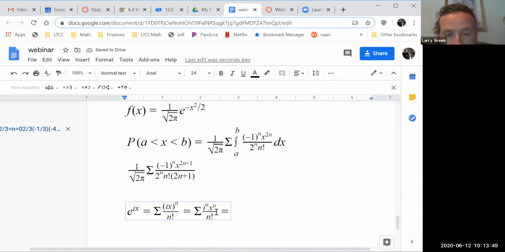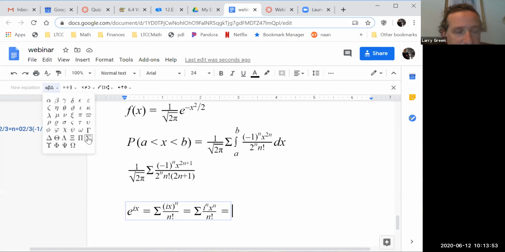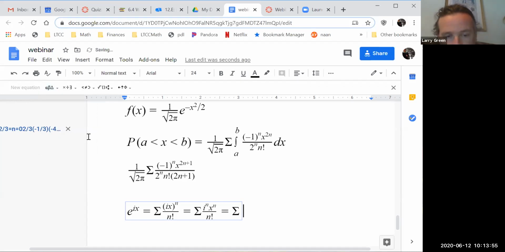So this is equal to, and now let's think about it. I'm going to do the even ones first. So if it's even, then we have i to the 0, that's 1. i squared is -1. i to the 4th is 1. i to the 6th is -1. It's an alternating series, right?